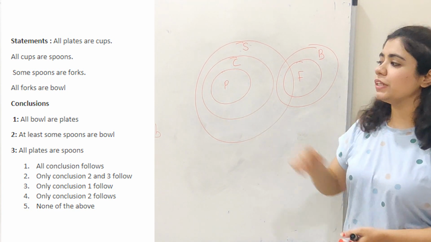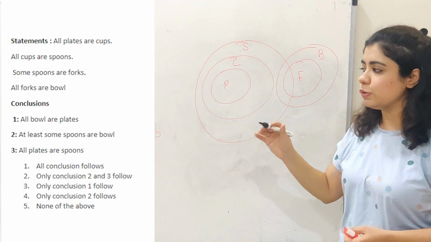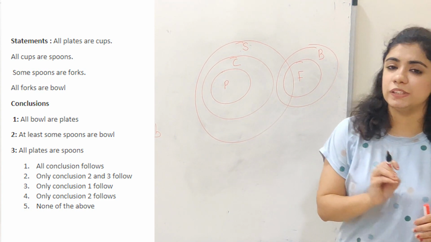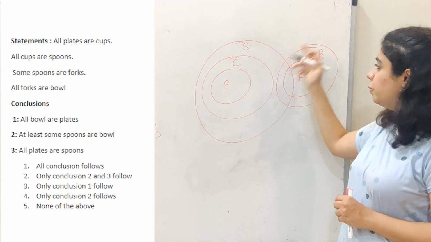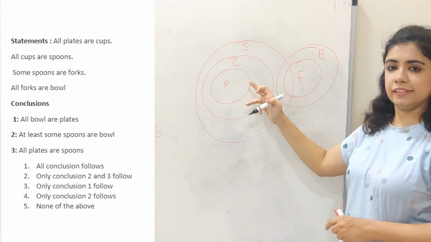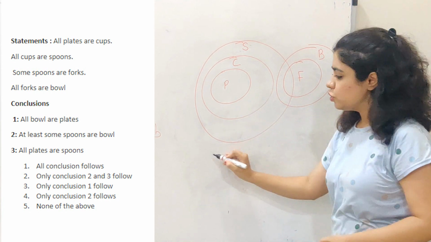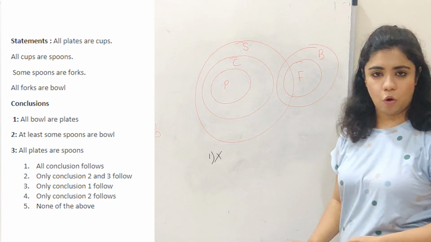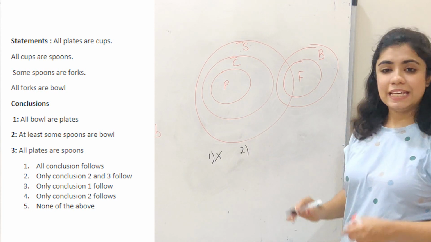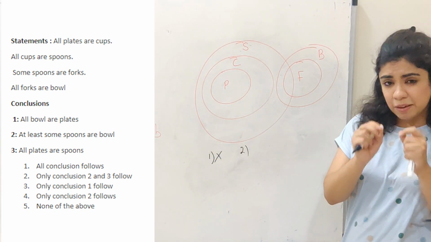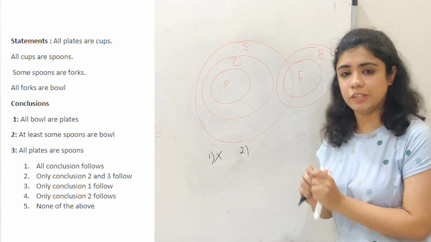Now let's start with the conclusions. The first conclusion is all bowls are plates. You just have to check whether it's visible or not. There is not even a connection between the two. There is no intersection. So conclusion 1 is wrong. Second one, at least some spoons are bowls. कम से कम थोड़े spoons जो है वो bowls होने चाहिए.